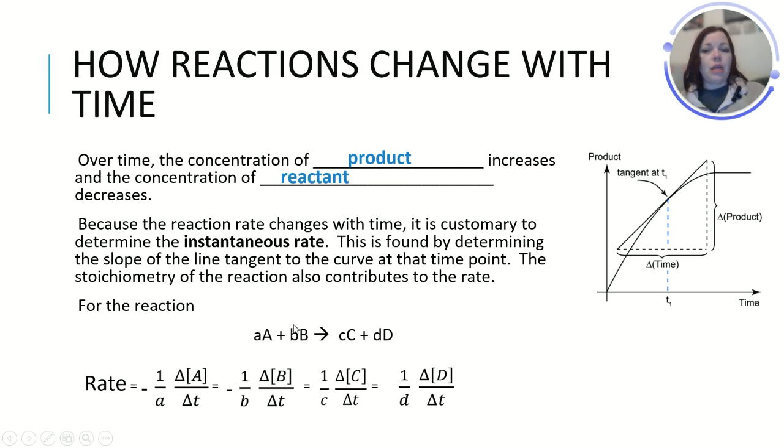And then if we know the rate at which this is being consumed, we know the rate at which this is being produced. This is all based on stoichiometry. But again, this is if you already know how your concentration is changing with respect to time for one of the species, you can figure out how the concentration with respect to time changes for another species.